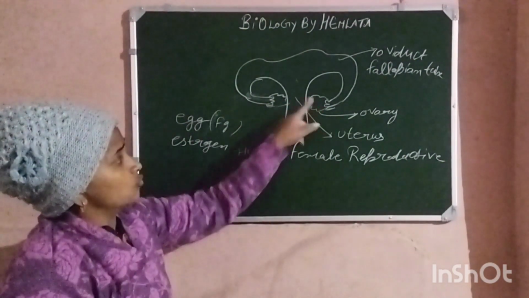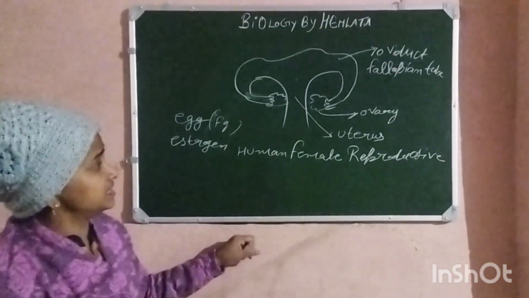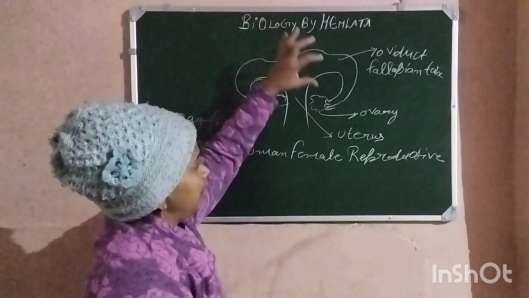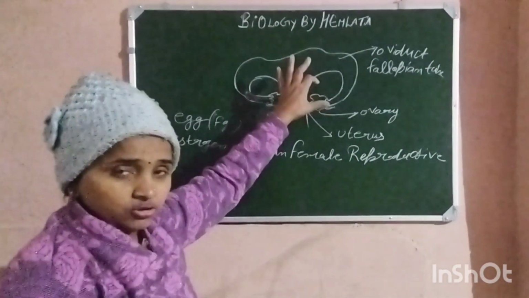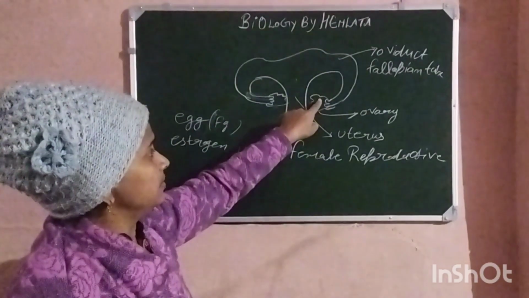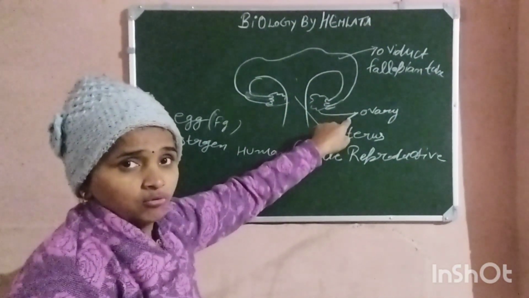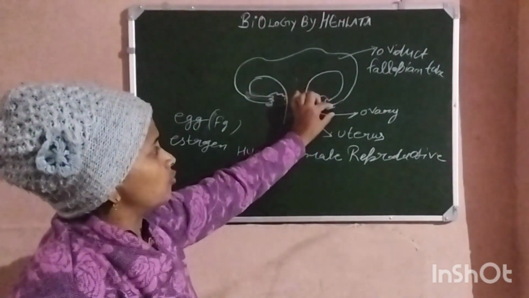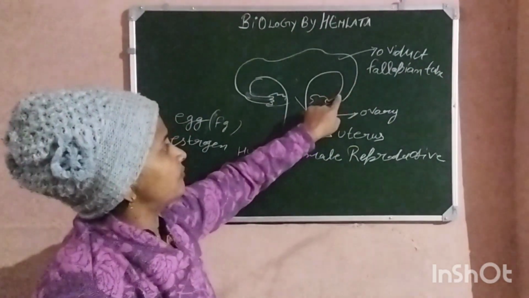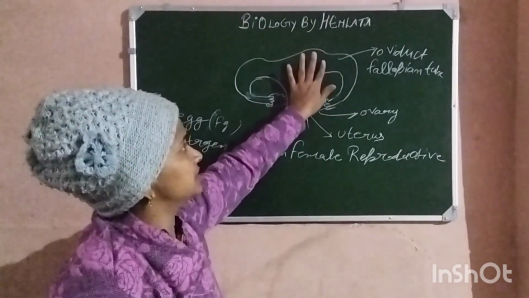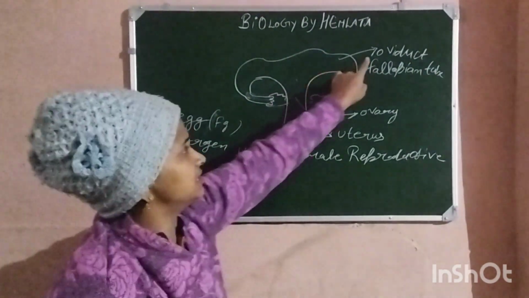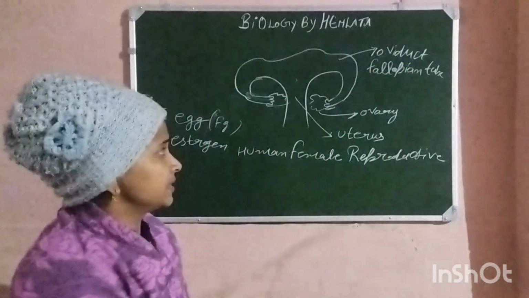They are present in the ovary, pear-shaped structures. After getting the puberty stage in the human female, these ovaries mature and they produce the egg or ova. This egg or ova will be received by the fallopian tube. Up to this is the fallopian tube, or we can say this is the oviduct.